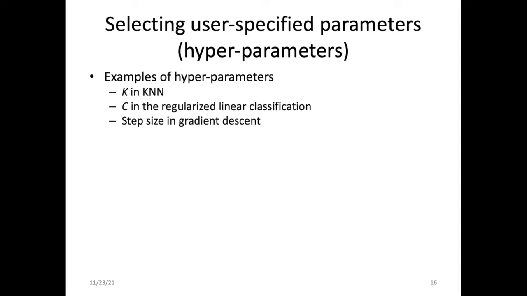Next issue, selecting the hyperparameters. We talked about how for different algorithms, there are some hyperparameters, like the K in KNN, the C, or sometimes we use lambda for the regularized linear regression, or like the step size for gradient descent, that could also be a hyperparameter. So how to decide these hyperparameters?